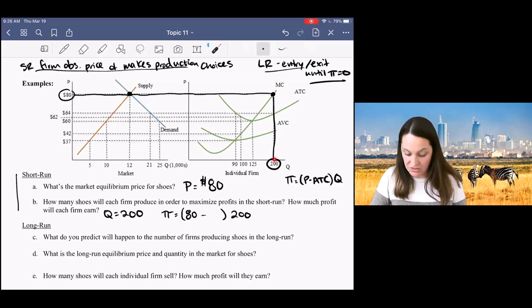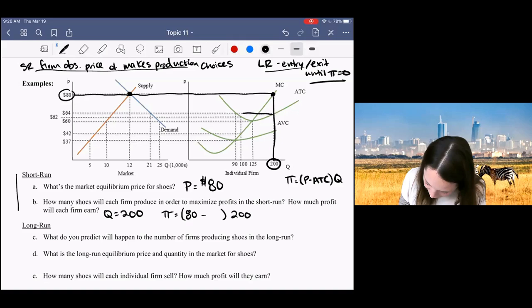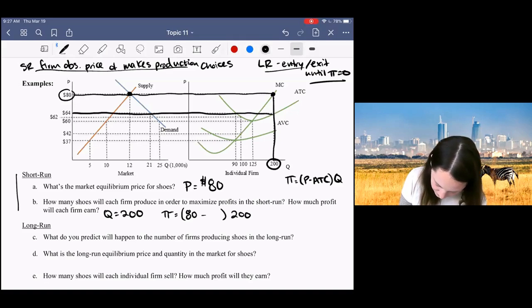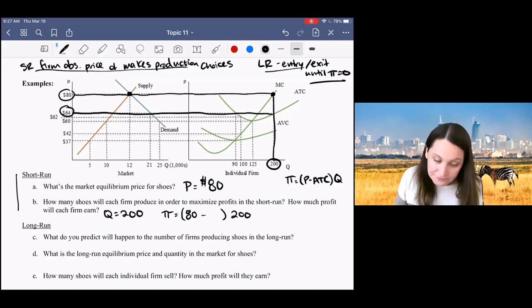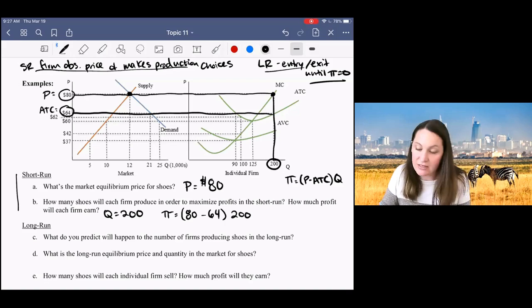And to do that, we just come up from 200 to the average total cost curve. And now I gotta go back over here, and I can see that my average total cost is 64.